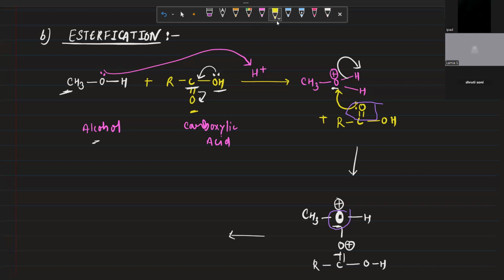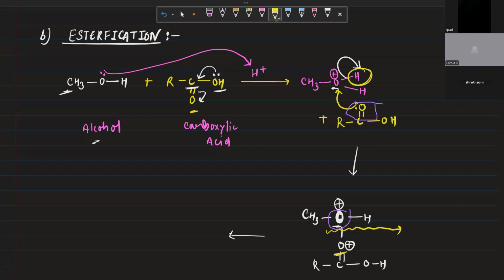Shifting the lone pairs? This bond will break immediately, because it's that unstable, and the hydrogen donates, and this O will get that hydrogen.